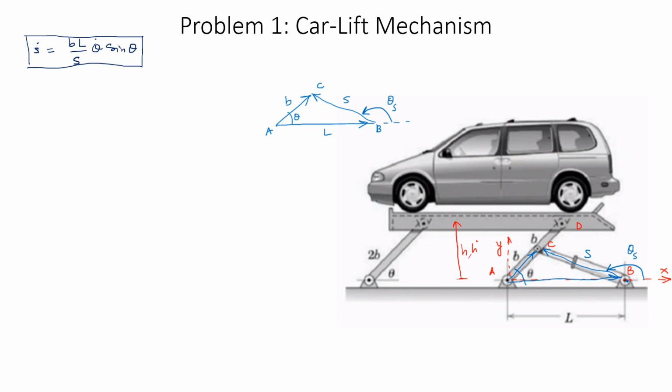So I need to identify that, and for that reason I need to redraw the mechanism once more. Let me quickly do that. So this is going to be something like this triangle over here.